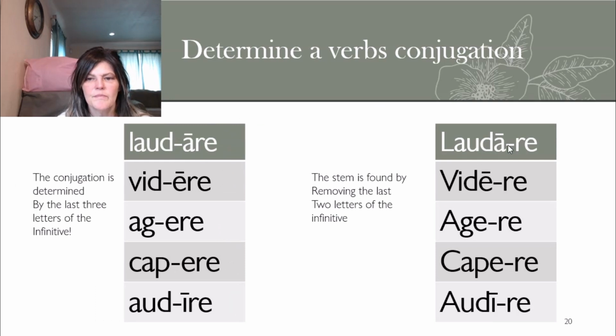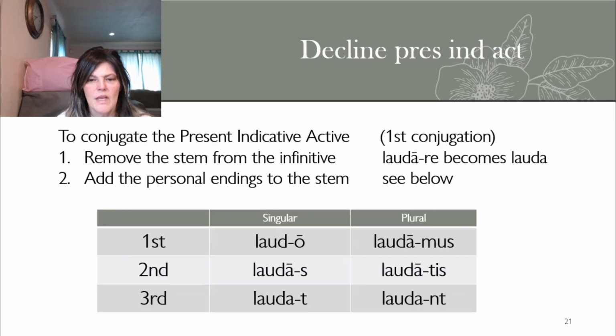See over here? And they keep this part, they keep that vowel. And then you know how to put the stem of the verb in with your endings: laudo, laudas, laudat, laudamus, laudatis, laudant. And you're going to do that with all first conjugations.